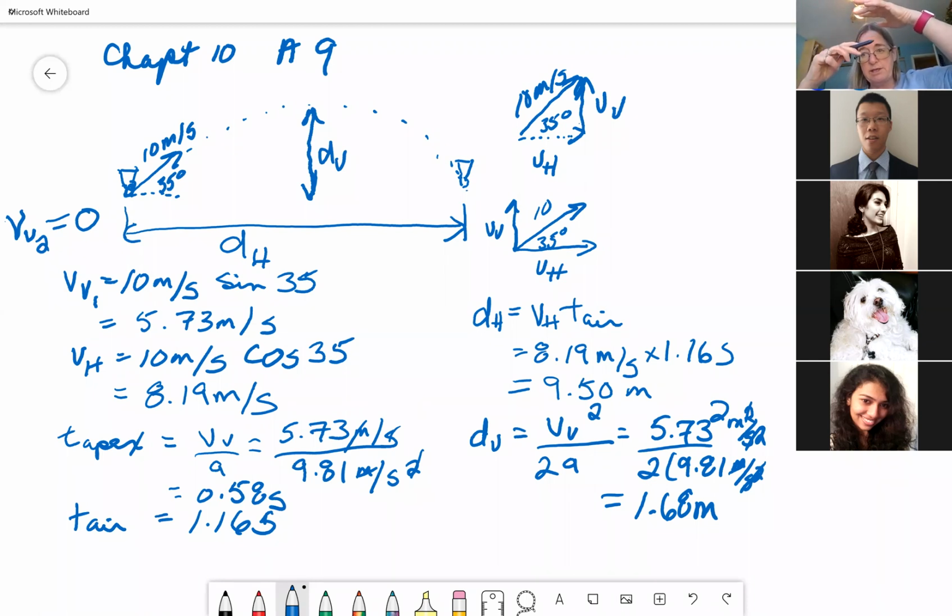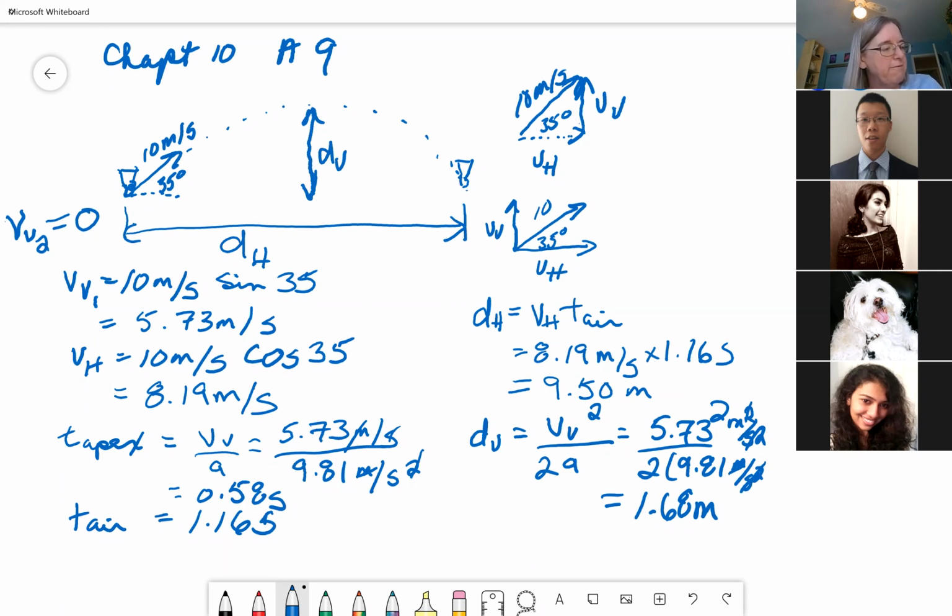It then speeds up and speeds up until it lands. At time 1, we know that it's 0, and time 2 is when it lands. So in all of these 3 equations, they have a velocity 2.